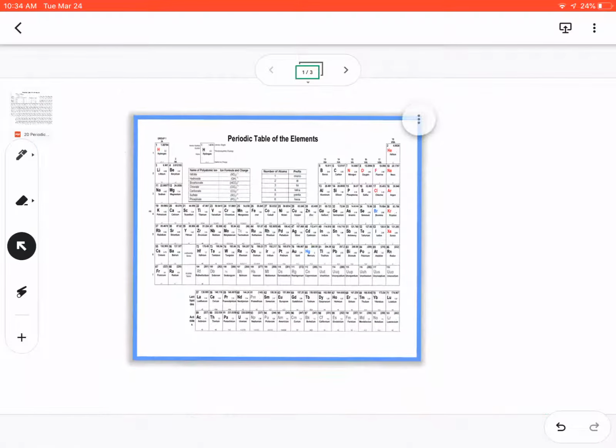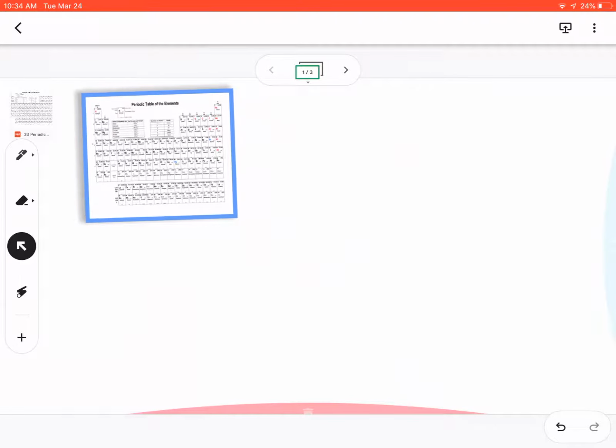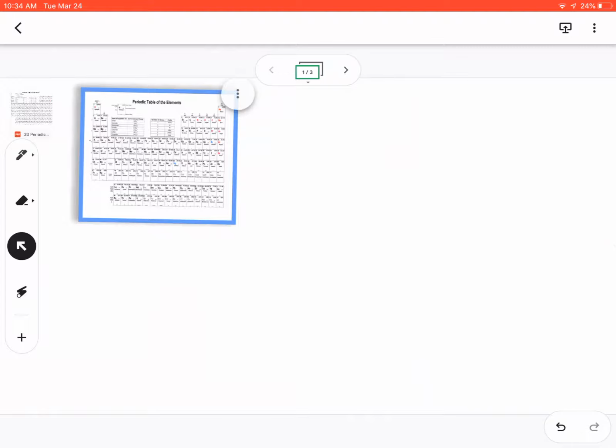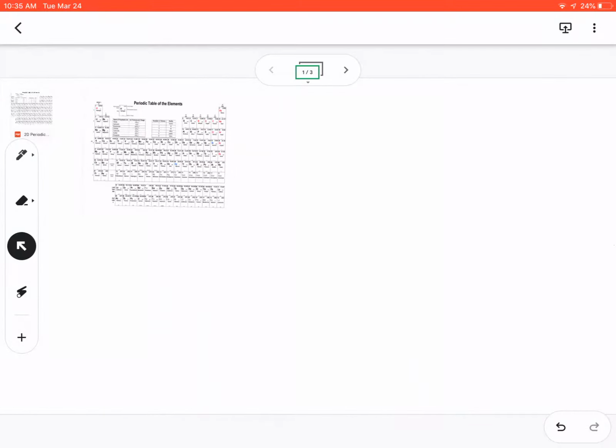So let's review how to determine those particles. I'm going to use uranium again. On my little periodic table, uranium's down here somewhere, but I remember what the numbers are. We have U as the symbol, and 92 as the atomic number.